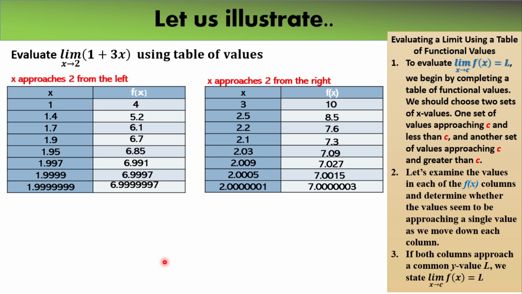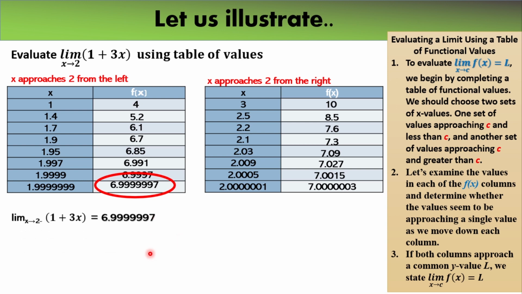So, ready na tayo sa step number 2, which is to examine the values in each of the f of x column and determine whether the values seem to be approaching a single value as we move down each column. So, as x approaches 2 from the left, yung f of x natin ay papuntang 6.9999997.